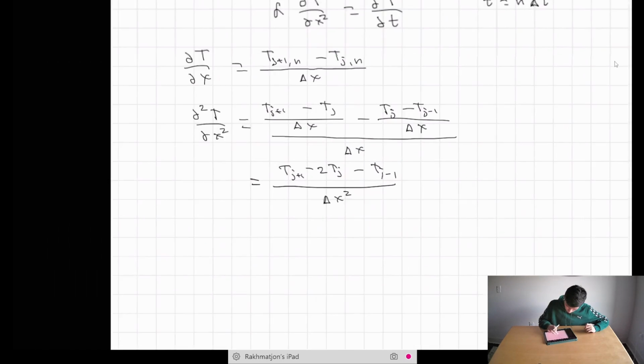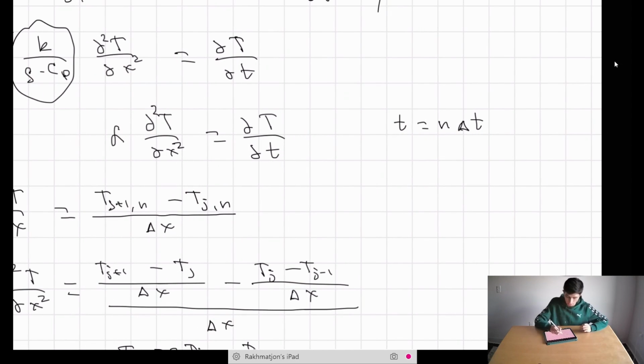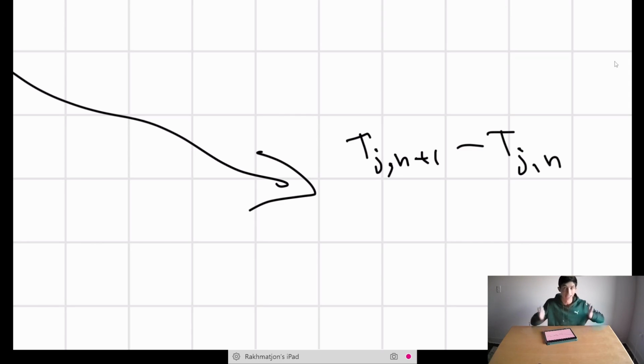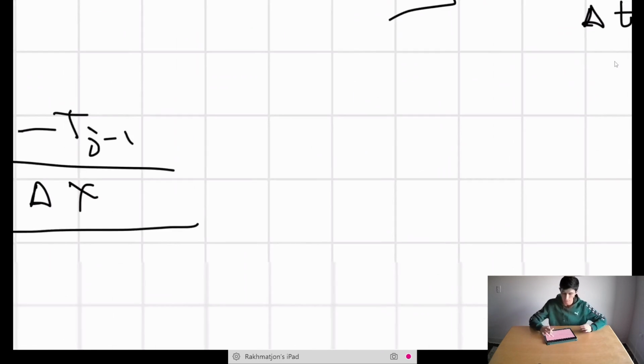Okay, and for this part, I can say that it is equal to the temperature at j at n plus 1 minus the temperature at j at time n, over the small difference in time, right?